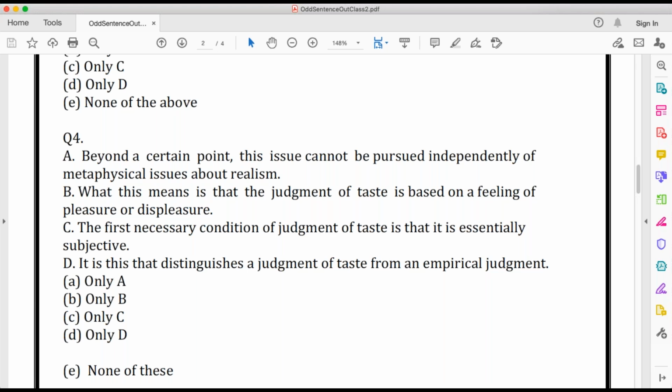Right, right. All of you are getting it right. Every other sentence is talking about judgment of taste except sentence number A, which is not talking about judgment of taste. So my odd sentence out is option number A over here.